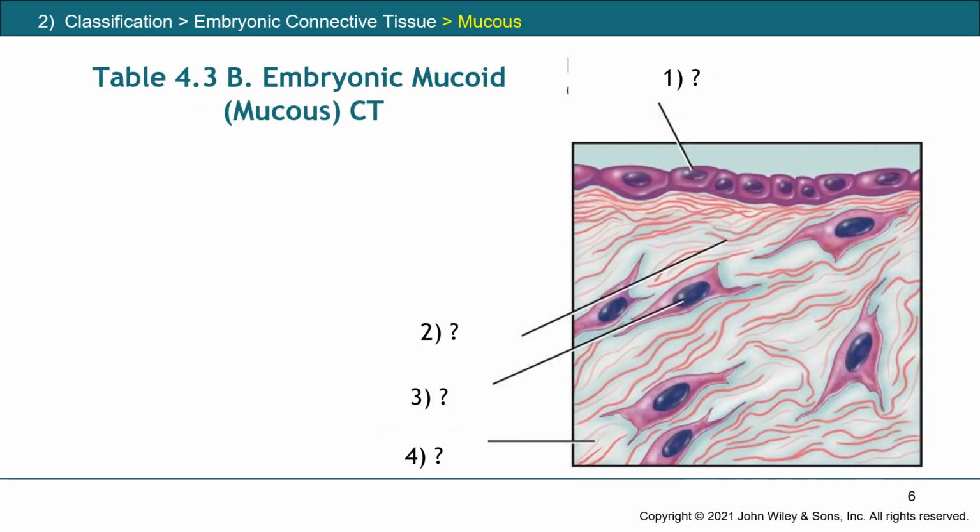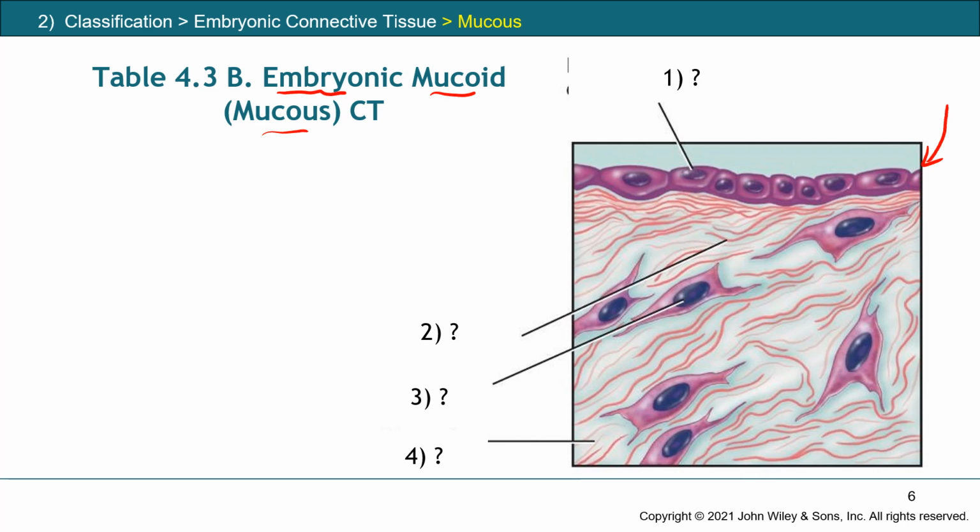So to talk about the embryonic mucoid or mucus connective tissue, here you have the classical picture that you will see of the umbilical cord of a fetus. Why? Because this is where you find this type of embryonic connective tissue, and the main function is to support this umbilical cord.